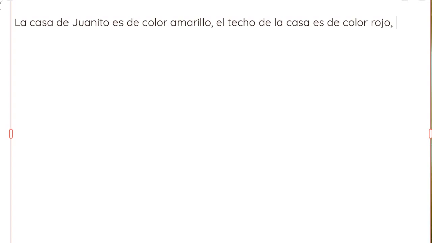Las dos ventanas son grandes. Las dos, this is two, number two, dos ventanas son grandes, coma.